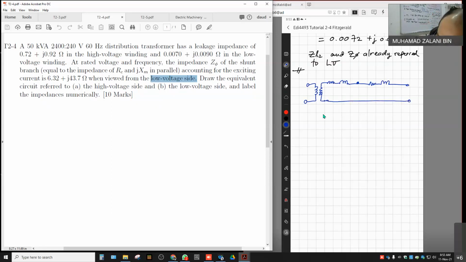So, excitation branch. Okay. So, this one stays. Z5 already referred to the low voltage side. Then it is given in the question as 6.32 plus j43.7.